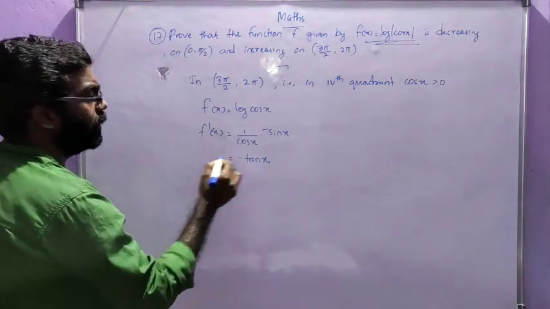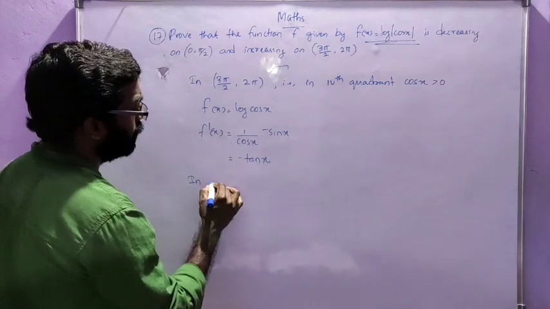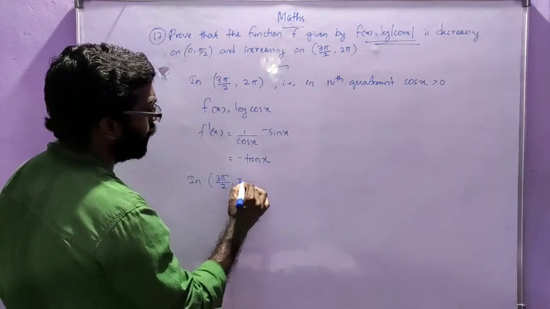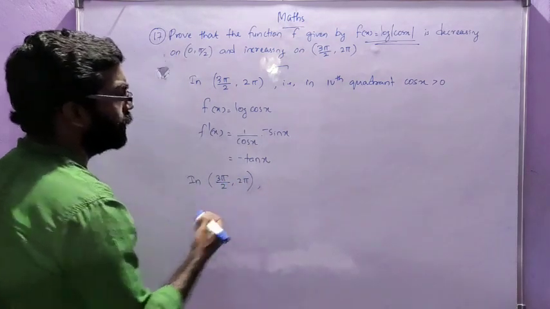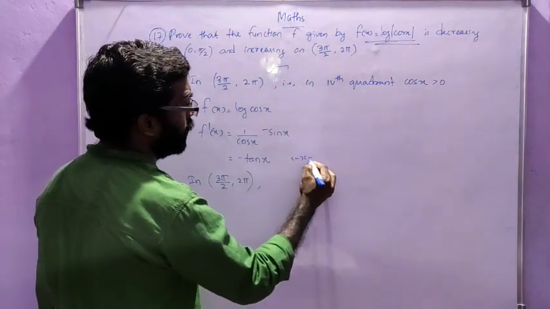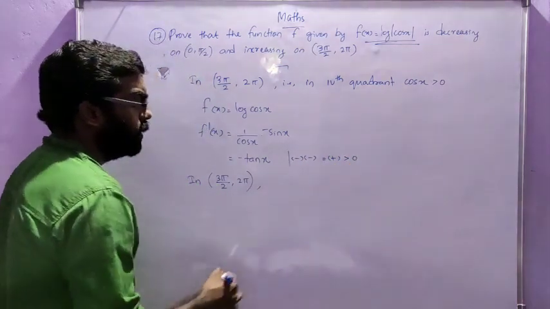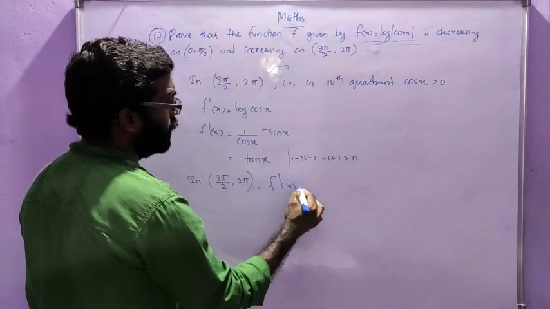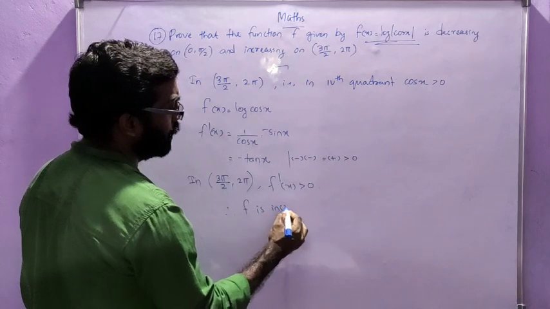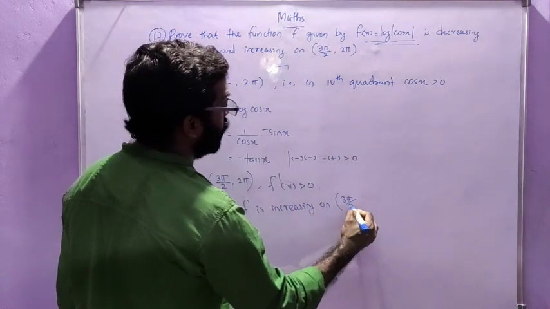Now check the sign of f dash of x. Here the angle is in the fourth quadrant, so in (3 pi by 2, 2 pi), in the fourth quadrant tan x is negative, and here one more negative sign. So negative into negative, minus into minus is what? Plus, which is greater than 0. So we can write f dash of x is greater than 0. Therefore f is increasing on the open interval (3 pi by 2, 2 pi).